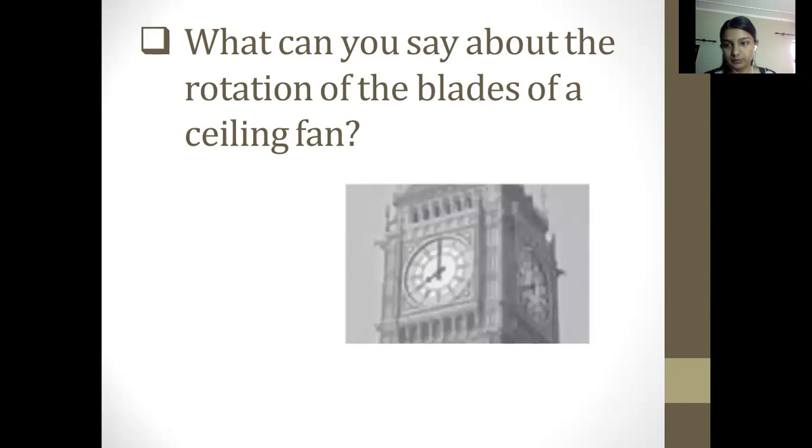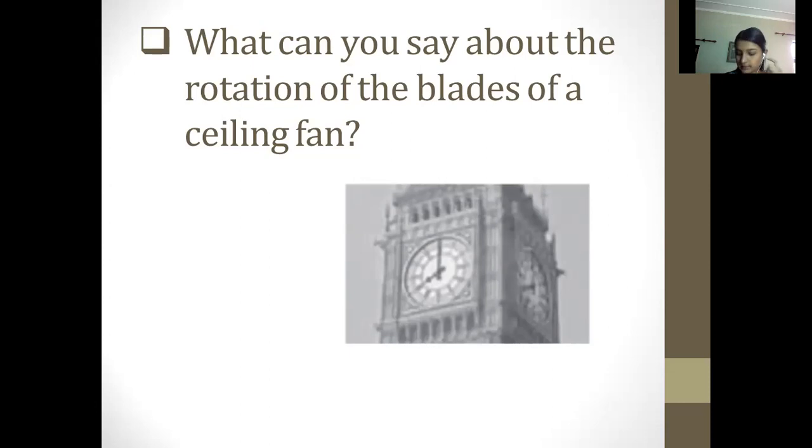If you switch it on and then stop it again, what do you observe? Is it stopping in the same direction? You are not able to find the same direction because you are not aware which blade of the ceiling fan is similar to the other one.